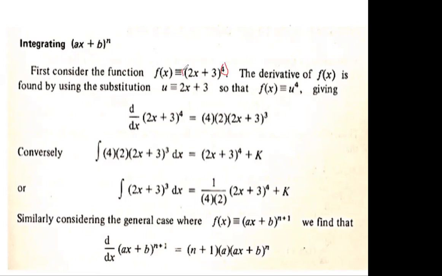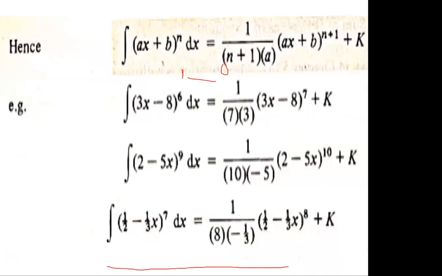You reduce the power, then you multiply by the derivative of the bracket. Good. So notice what they're telling us to do now is very opposite. Look here. Oh, not here, sorry. Maybe the next slide will do it. Yeah, here it is. Here's the formula.